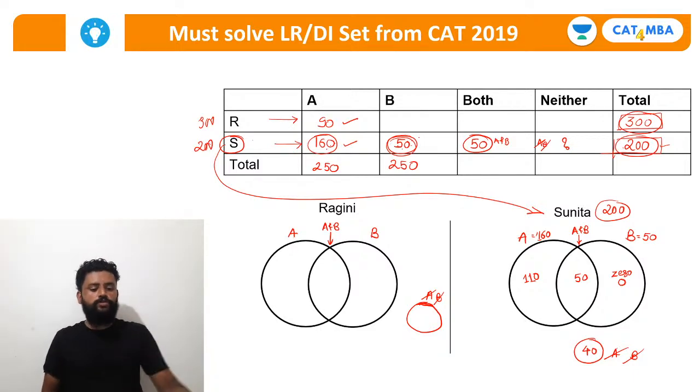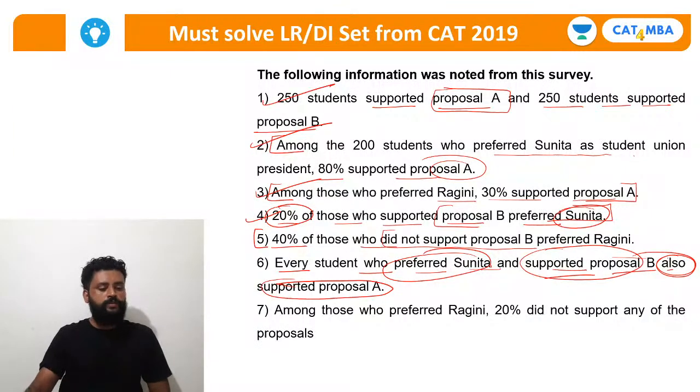Okay, we have one more clue with us now. The last one. We do not need this one because it is all about Ragini. We'll check for it. Okay, just a minute. Sixth is done.